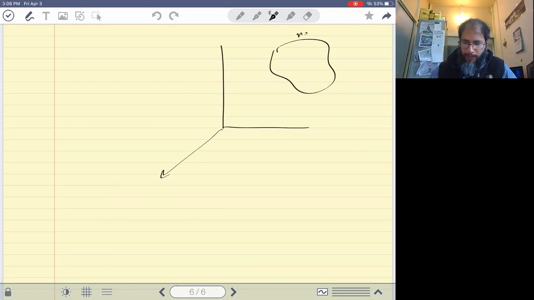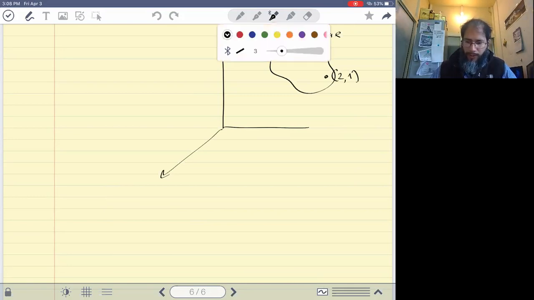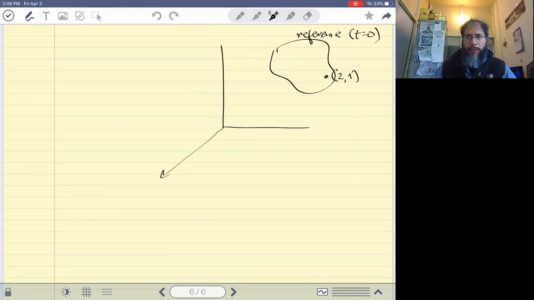This is the reference configuration of the body, and we have a point here, which is, let's say, 2, 1. So the x coordinate is 2 and the y coordinate is 1. This is the reference coordinate, that is, the initial configuration.